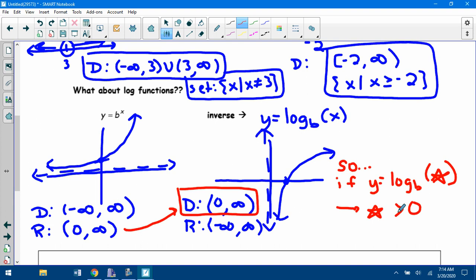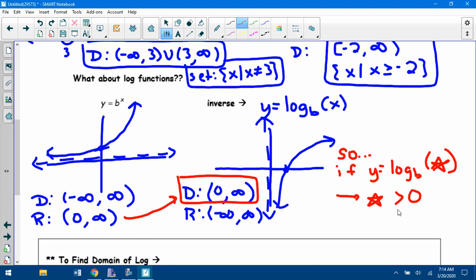Logs can't be 0, but can only be positives. So from this, we're going to see that logs can't be 0 or negative. And we're going to come back to that idea in a couple days, maybe even tomorrow.